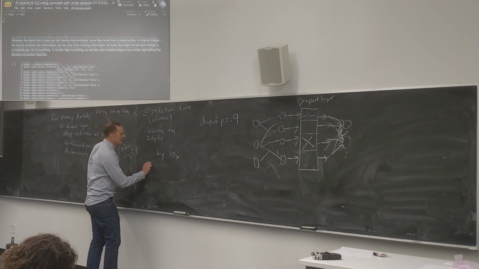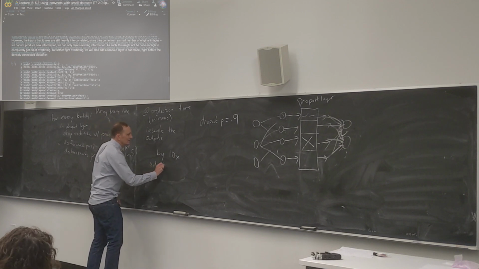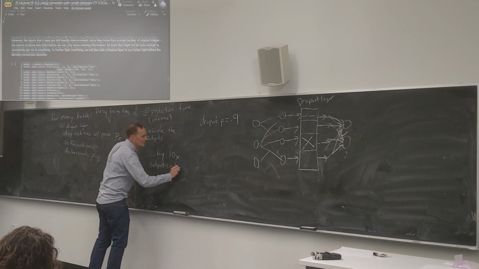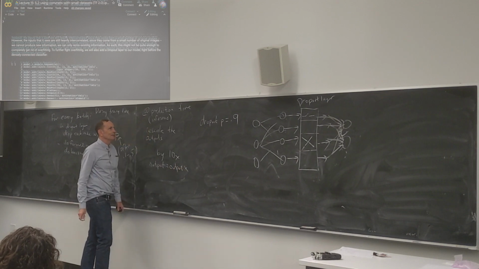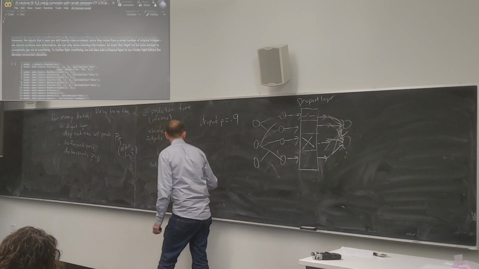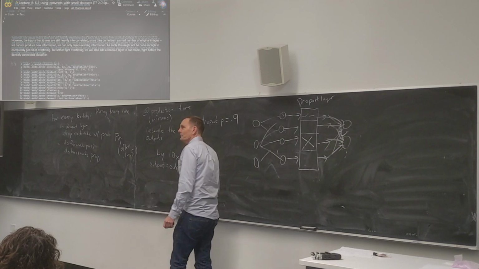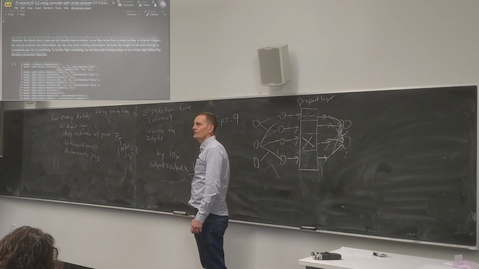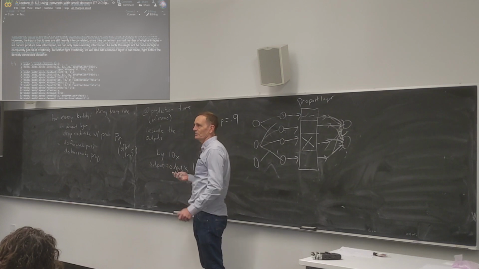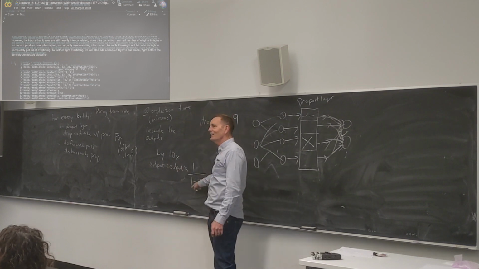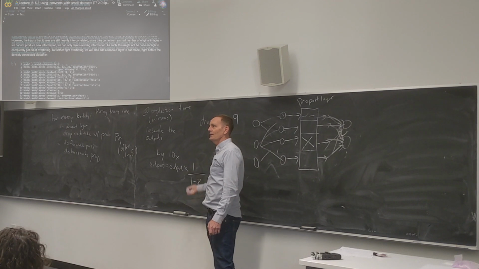So if we had an output, we want to make it output times, what would this be? 1 over 1 minus p? I just have to test one value, and if that works, I know it'll always work. So 0.9 gives 1 over 0.1, which is 10, so we're scaling it by a factor of 10.